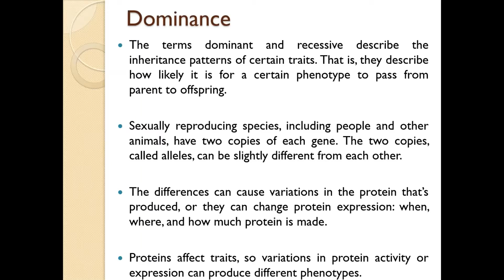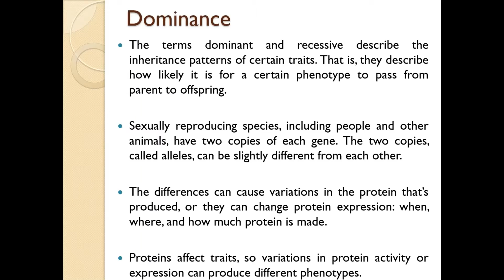Sexually reproducing species, including people and other animals, have two copies of each gene. The two copies, which we already know are called alleles, can be slightly different from each other. Alleles are two different forms of the same gene, but their locus, or position within the chromosome, is the same.